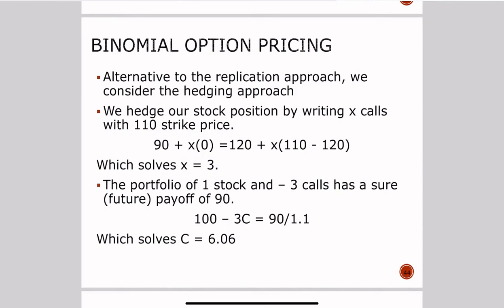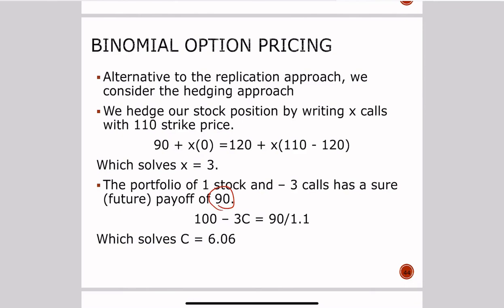So what we will do is hold a long position in the stock, and then write 3 calls. If you do this, 1 stock and 3 calls, then your portfolio's value will always be 90.